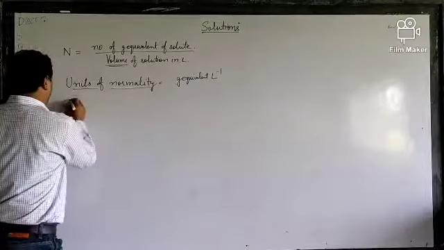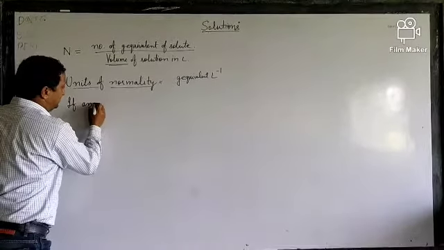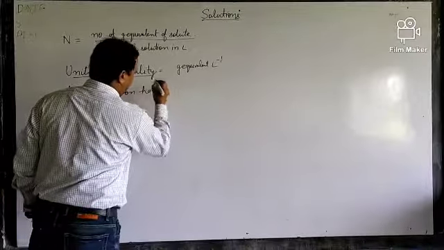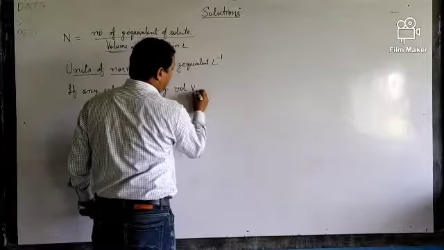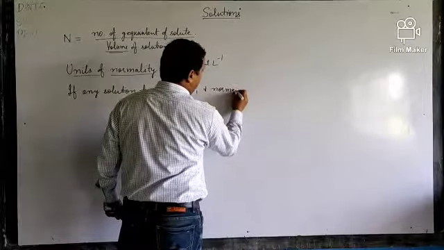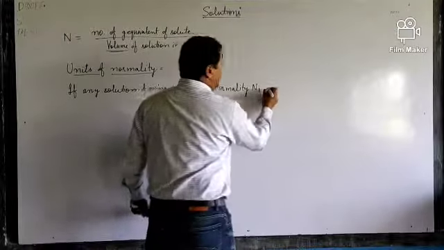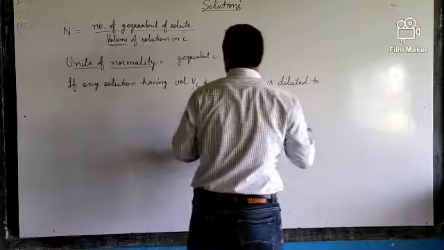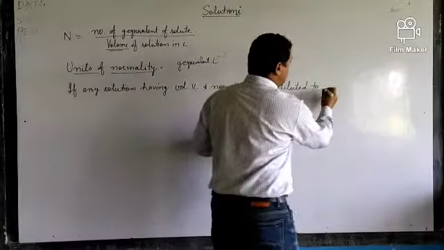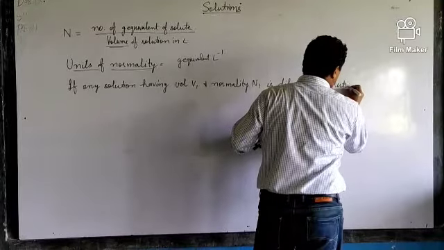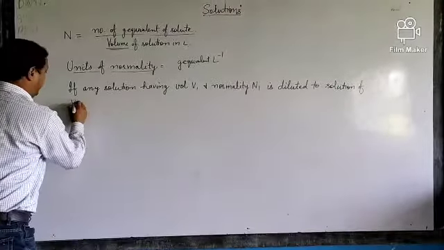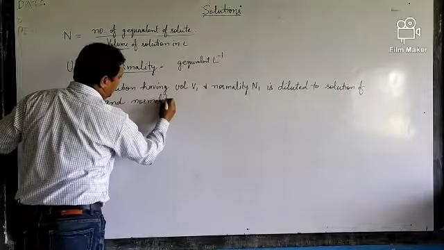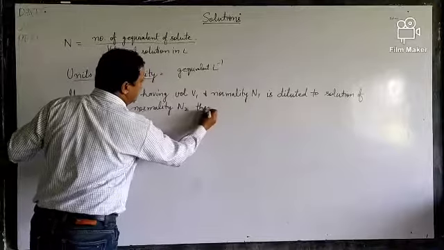Okay. Now, if any solution having volume V1 and normality N1 is diluted to a solution of volume V2 and normality N2, then there lies the equation.